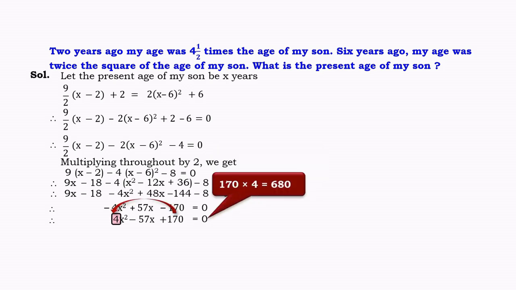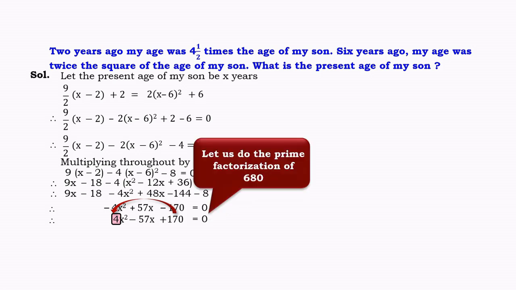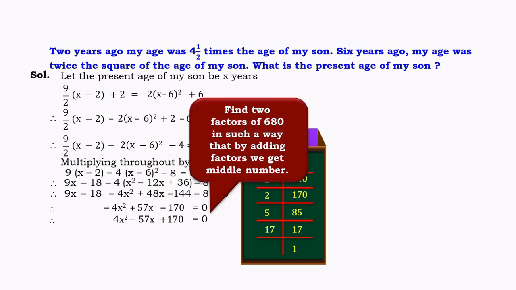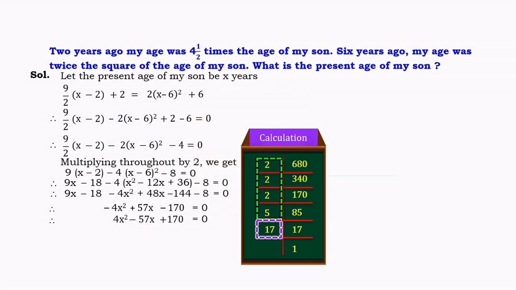To factorize this equation, we first multiply the coefficient of x squared, which is 4, by the constant term 170. 4 multiplied by 170 gives 680. Now, we need two factors of 680 whose sum is 57. The factors are 40 and 17 because 40 plus 17 equals 57.